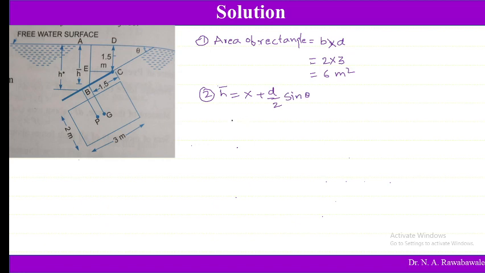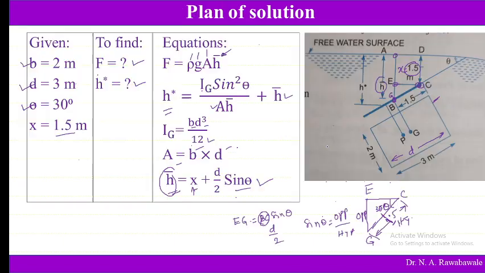So x is the distance of upper edge point C from free surface, that is point D, it is 1.5, plus d, depth of this rectangle d is 3 meter, so 3 divided by 2 sine, this angle theta is given as 30 degree.